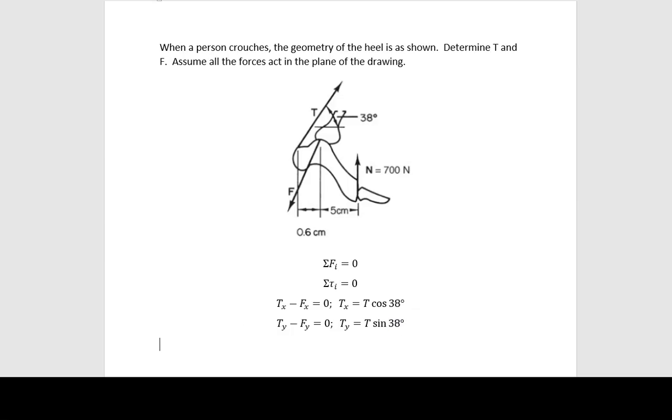Now we essentially have three unknowns: Fx, Fy, and T. But that doesn't tell us everything, so we have to go to the torques. Let's pick a pivot point, and I'm going to start by picking the pivot point to be right here. Why?